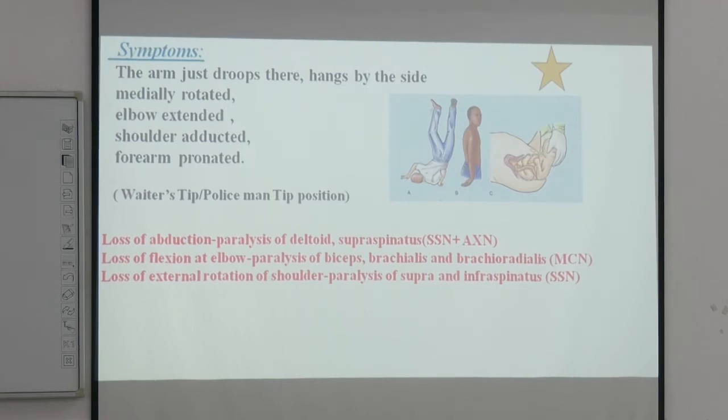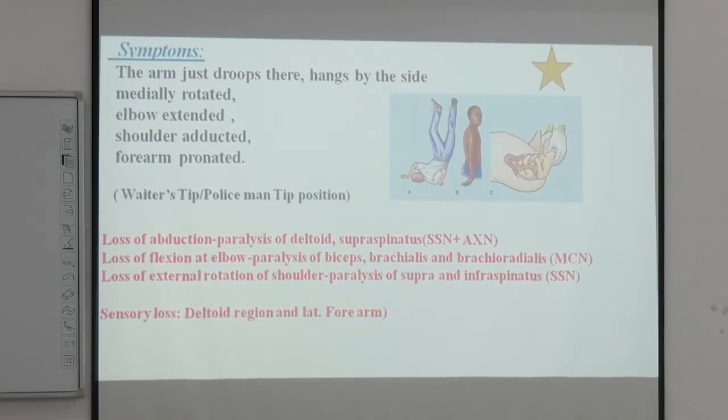It is pulled towards the body, and this person will have the arm hanging by the trunk and cannot bend it at the elbow joint. So we have to justify each and everything: what muscular deficiency is happening here and why. At the same time, you have to mention the sensory losses. So this is the complete answer. And this position of the arm, we call waiter's tip or policeman's tip position.